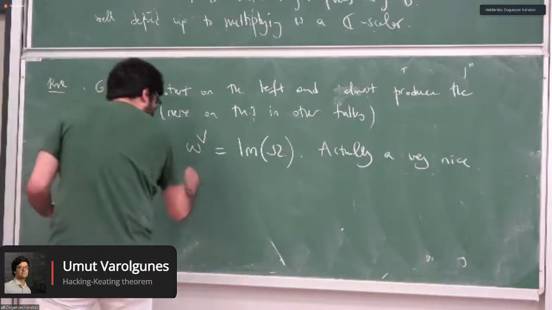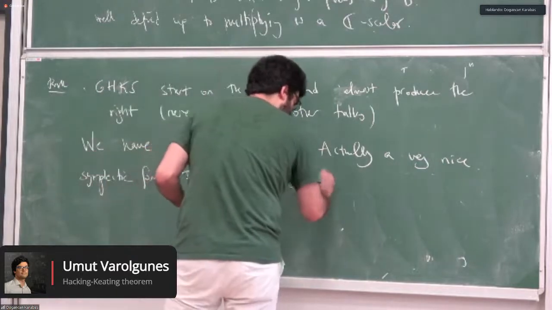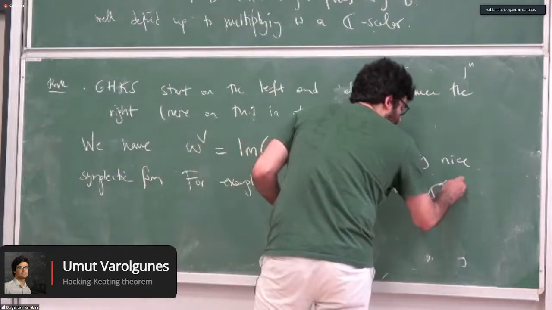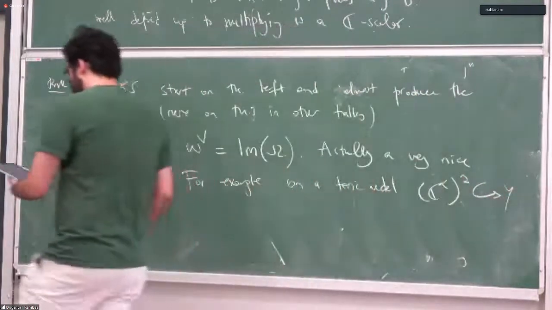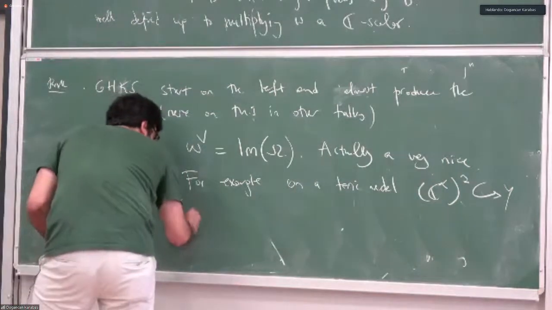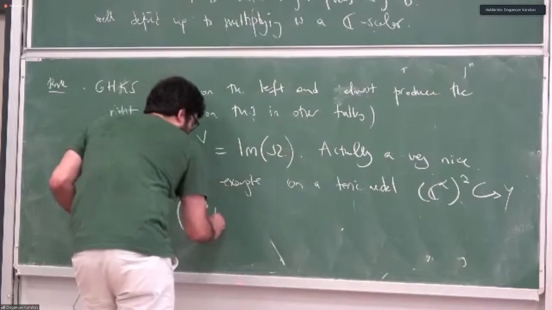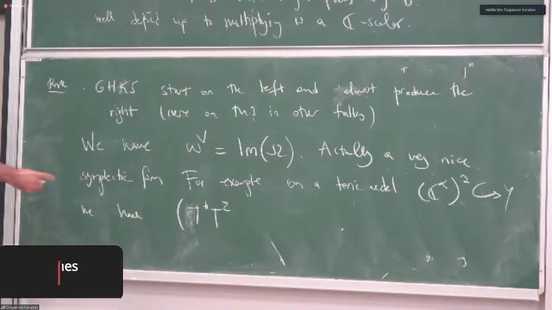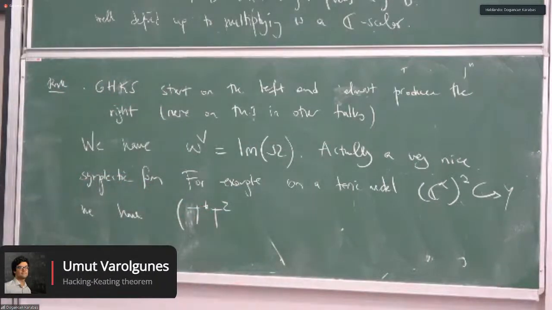Symplectic form, for example, on let's say a toric model C star squared embedded into Y. I know that C star squared is diffeomorphic to the cotangent bundle of T2. So this is just the cotangent bundle of S1 cross the cotangent bundle of S1.